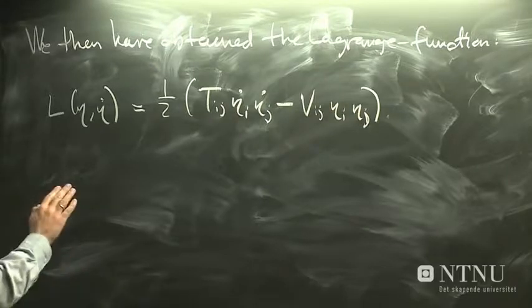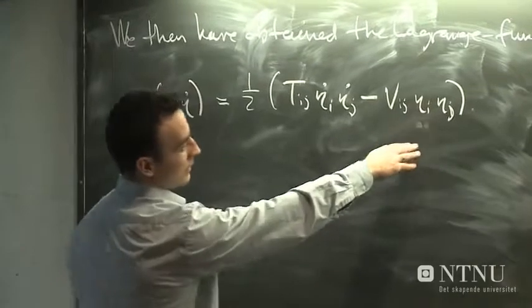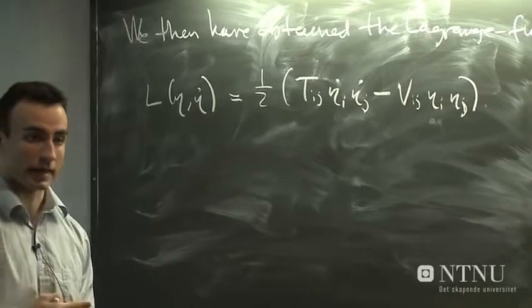So again, this Lagrange function describes the kinetic energy and the potential energy of the system as we have perturbed it a small distance eta i and eta j in this double sum from equilibrium.